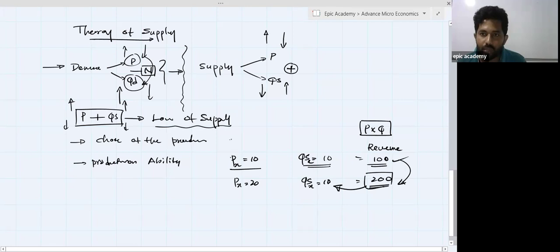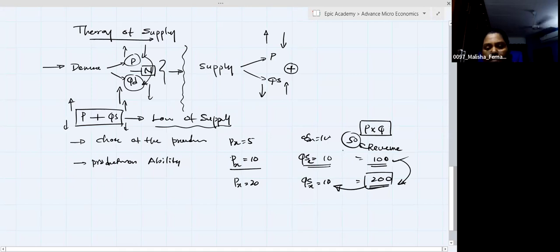Now consider the price of the commodity reduced to 5 rupees. With the same quantity supplied, only 50 rupees will be the revenue. So what happens to the production ability? It reduces, because you cannot cover the production cost.